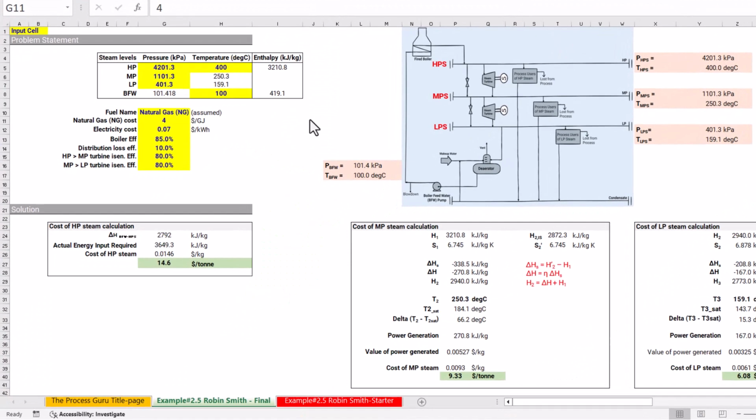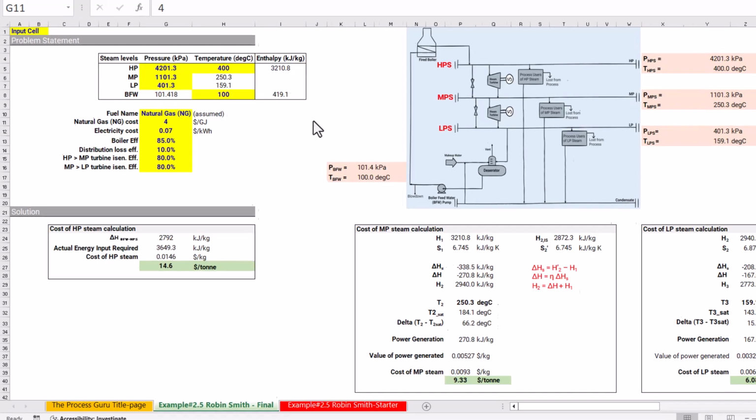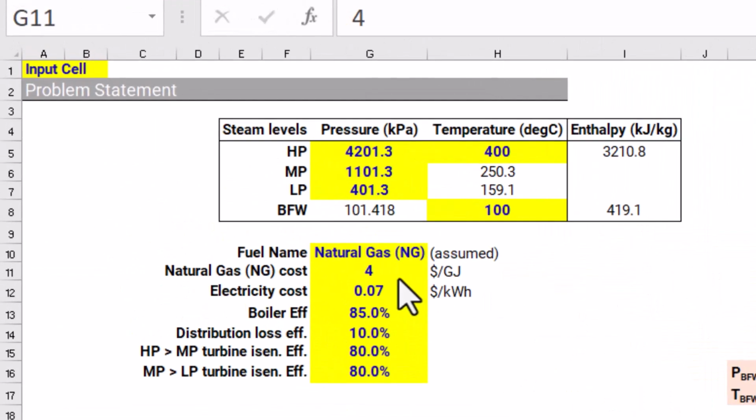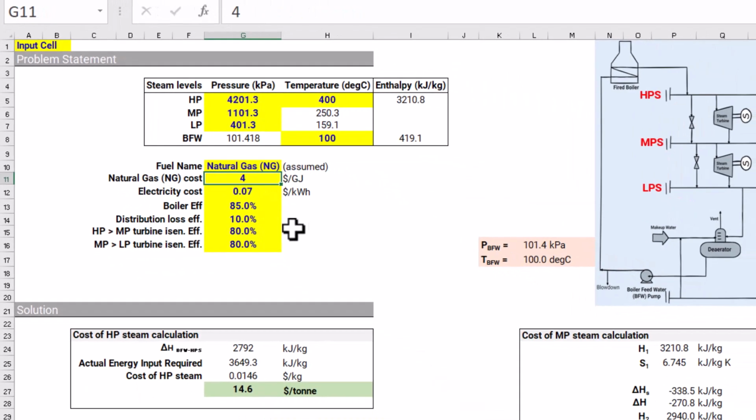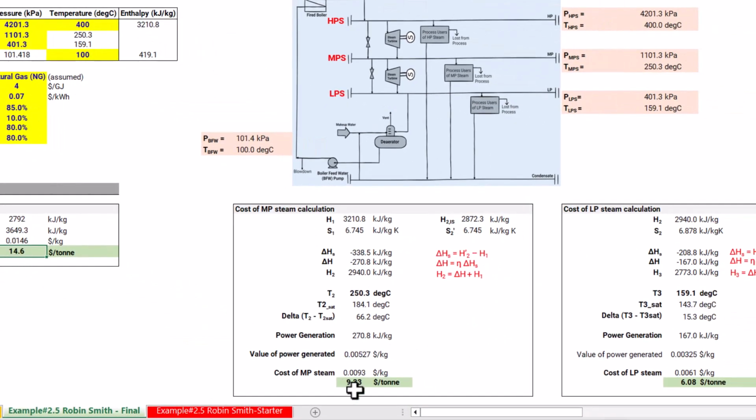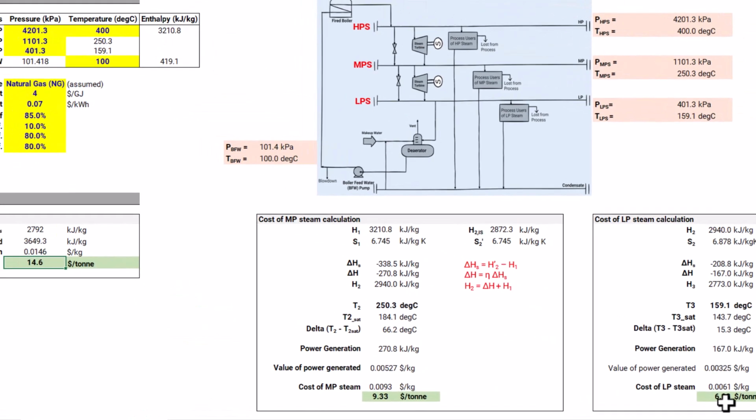On the screen, what you are seeing is a solved example on the Excel platform. The practical use of such an Excel-based model is that you can conveniently check the effect of different inputs on your final result. For example, here the example uses a fuel cost of $4 per gigajoule of energy, and you can see the cost of your high pressure steam, and the other levels of steam cost are calculated.